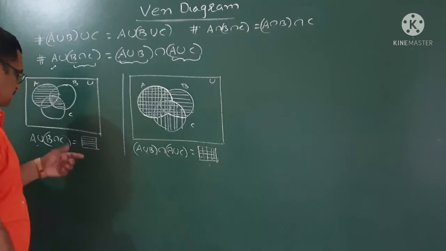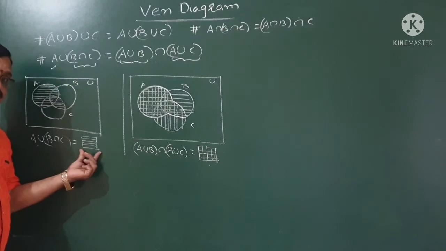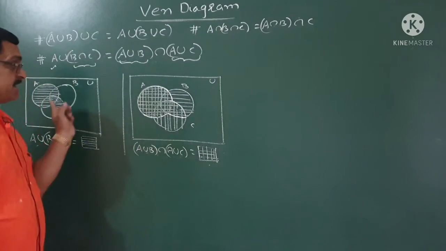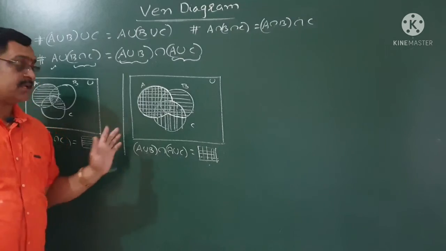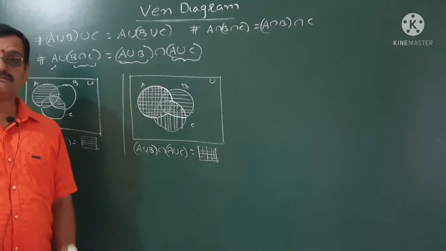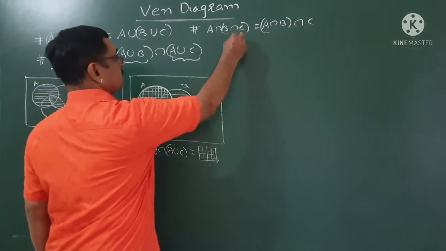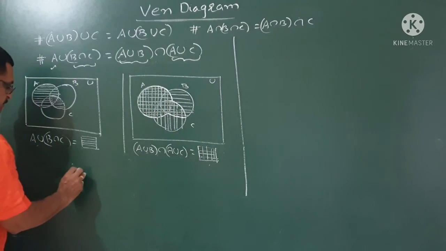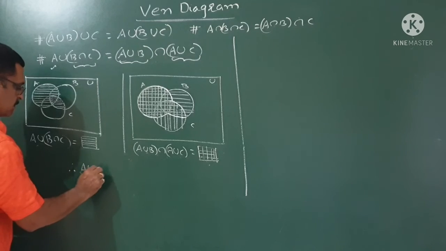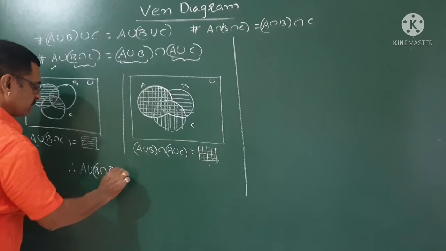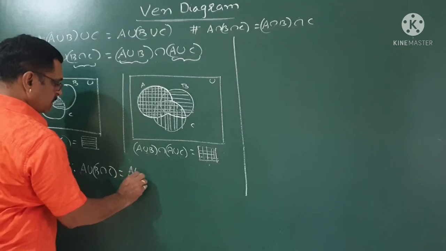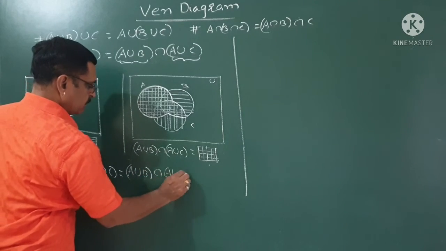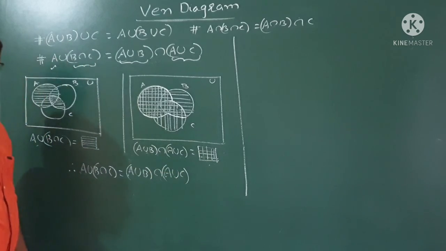If you observe carefully, this type of shaded part and this type of shaded part both have same shapes, lamp shape. Therefore, they are equal. This is number 1. So I can write here. Therefore, A union (B intersection C) is equal to (A union B) intersection (A union C).